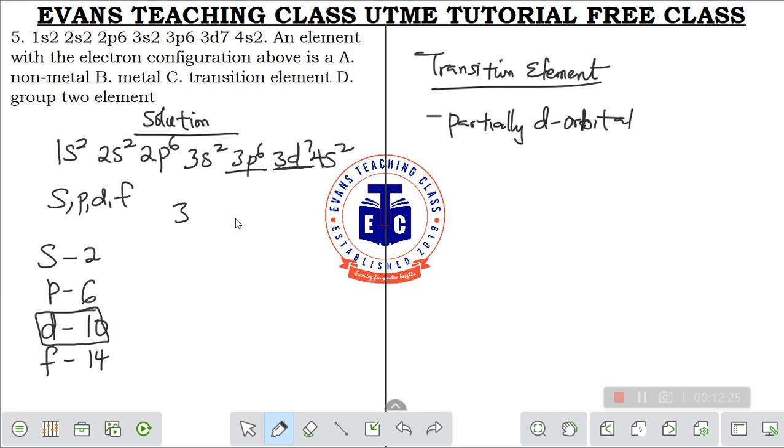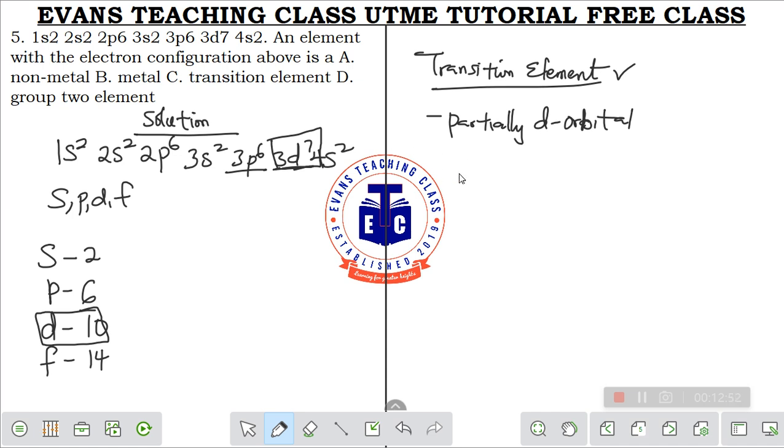All of them complete their maximum. But if you look at this type of d, it does not complete it. Normally it should be 3d10, but this d is not complete. So you can see that the orbital is partially filled. So whenever you are seeing a partially filled orbital in a particular element, it means that element is a transition element. So those are part of the things you have to know about them.